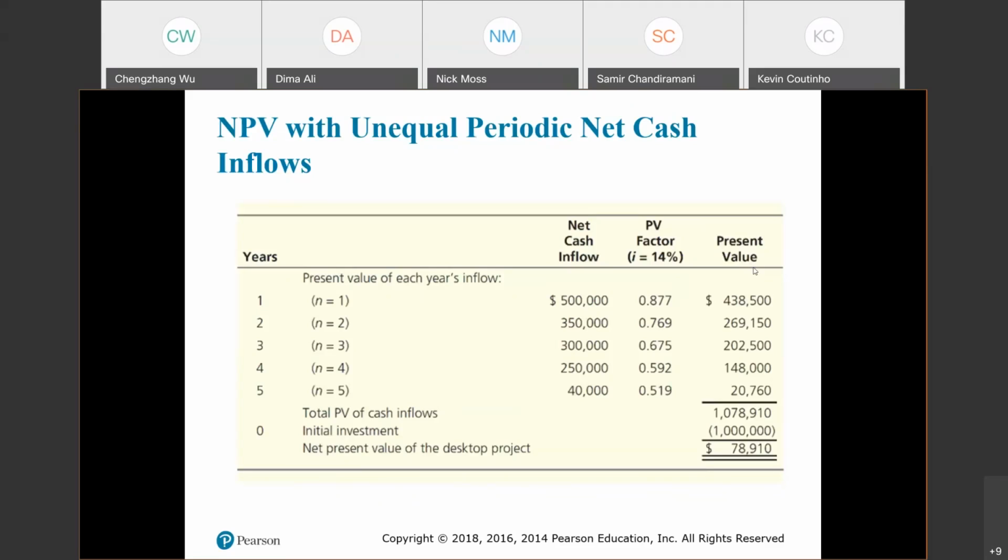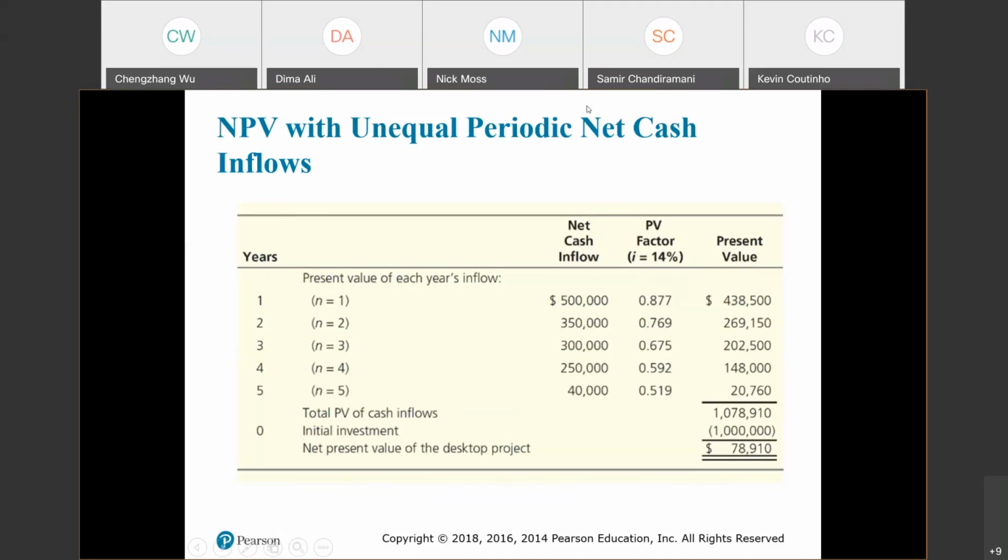And you need to find the present value factor with interest rate of 14% and number of periods 1, 2, 3, 4, and 5 separately from that table.